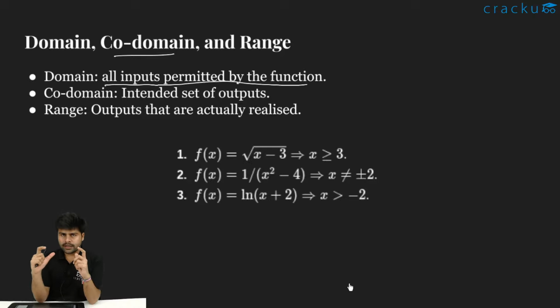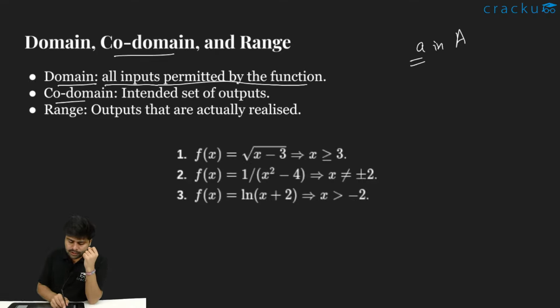So the domain is the set of all elements that the input can take. Some values cannot be taken, other values can be taken. The values that can be taken by the input, the a in A, the set of these values is referred to as the domain. What is the codomain? The codomain is the intended set of outputs.